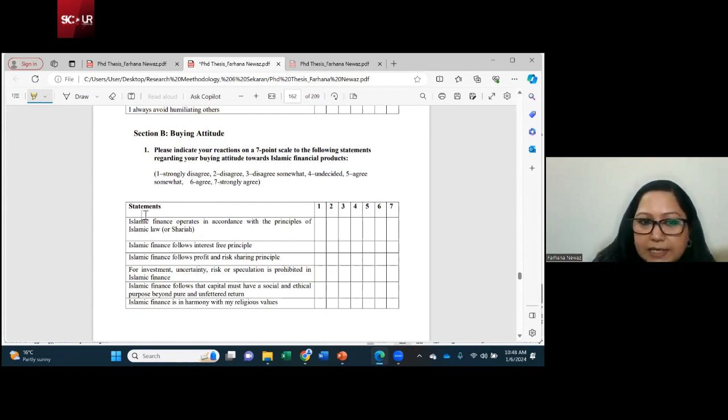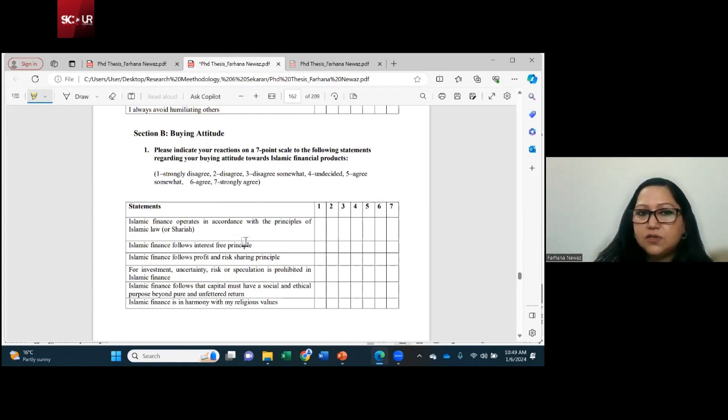I just took all his items, but rather than Islamic banking, I just put Islamic finance. So I have modified it, right? I have edited it, so rather than Islamic banking products, I just use the overall Islamic financial product. This way you can borrow the scale or the items from the existing scale, and you need to rewrite, edit, or modify it to measure your variables.